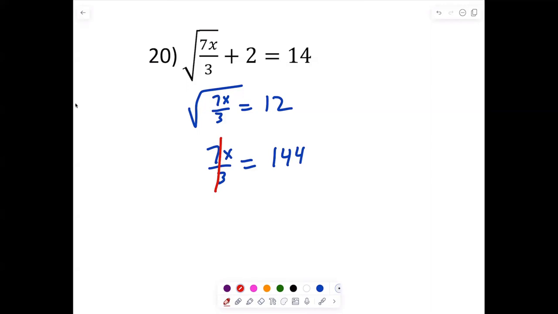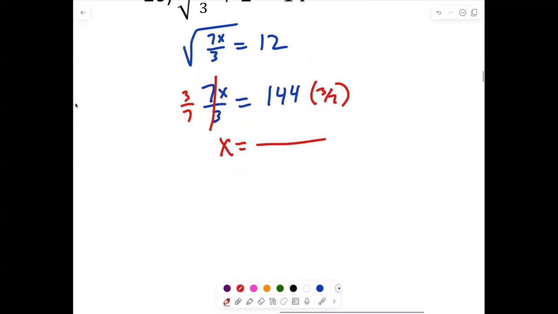How do I get rid of a fraction? Yeah, multiply by the reciprocal. Since 144 isn't divisible by 7, we just have to leave 7 on the bottom. So that's what, 432? Anybody else get that? Is that good? 432 over 7?